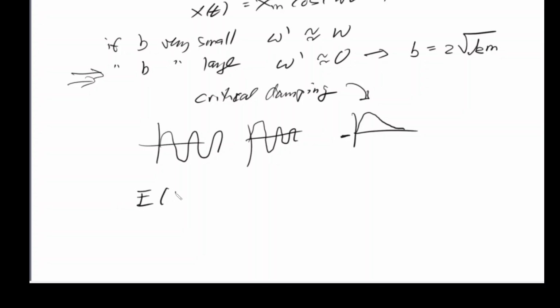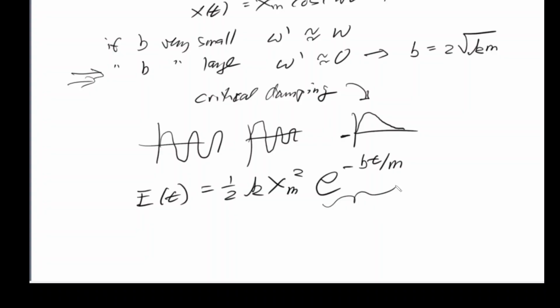So the energy with respect to time in a damped system is equal to 1/2 k xm squared times e to the minus bt over m. Okay, so this exponential component will cause the energy to decrease exponentially with time until there is no energy left.